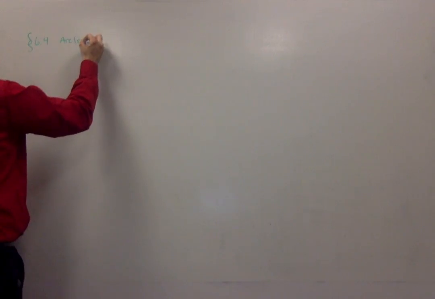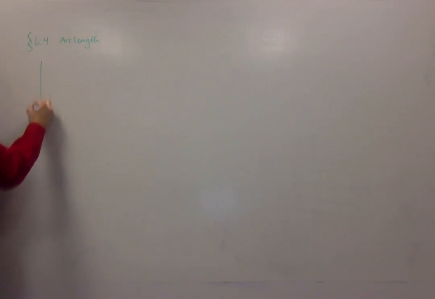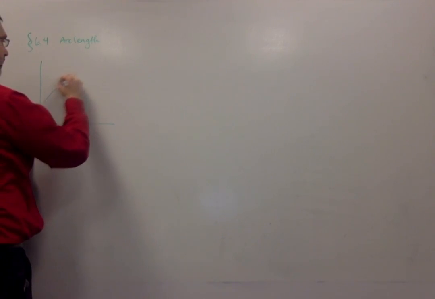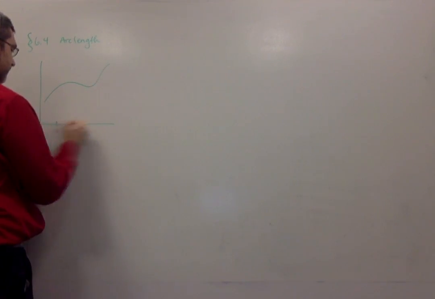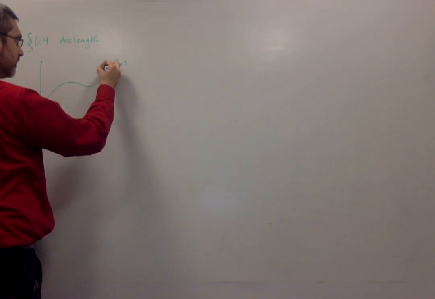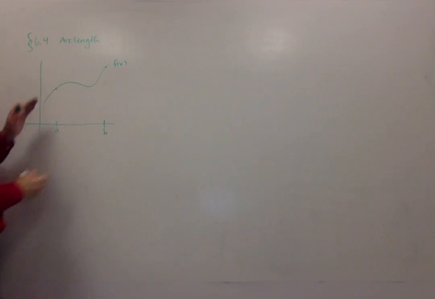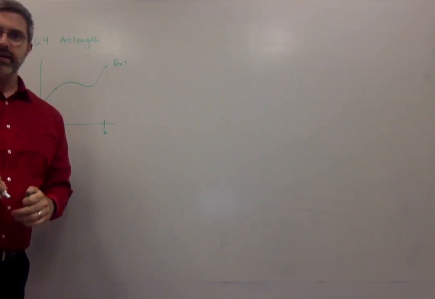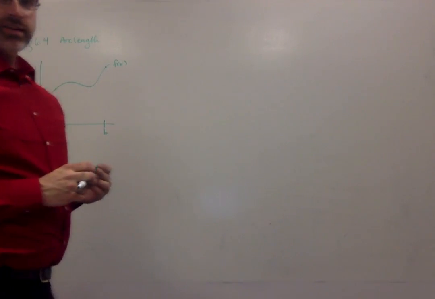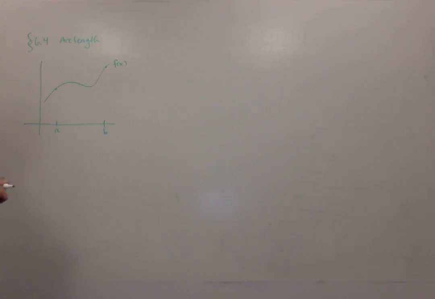So the idea behind what we're about to do here is we've got a function from A to B, but we want to find the length of that curve. If the curve was straight, if it was a line, we could get the length. But when it's curved, just like with area, it makes it much harder to find length.